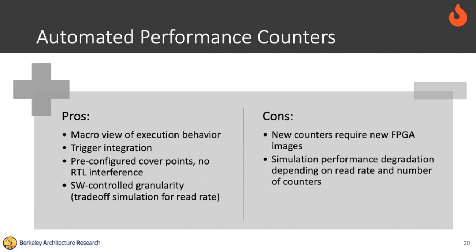Another nice thing is a lot of designs will have pre-configured cover points. Cover is one of the APIs we use to capture performance counter information. If the RTL designer already put in these cover points for other purposes, they're essentially marking interesting places in the design for you already, and we can capture those automatically. And we can control the granularity of capture at the software level.